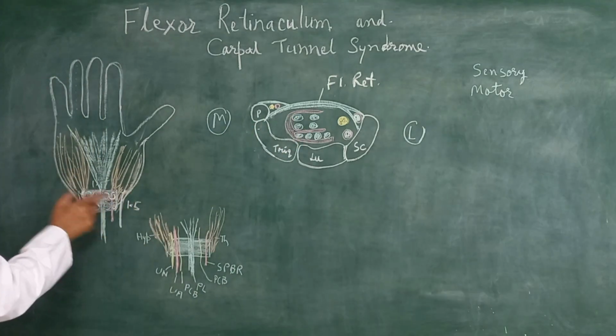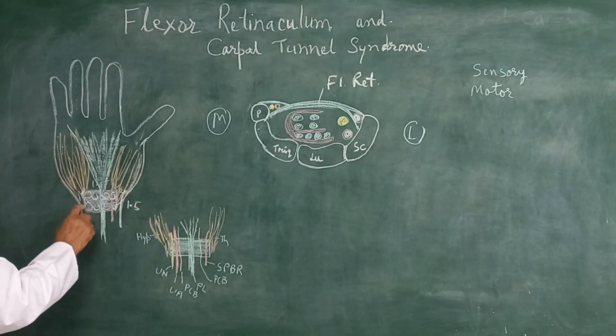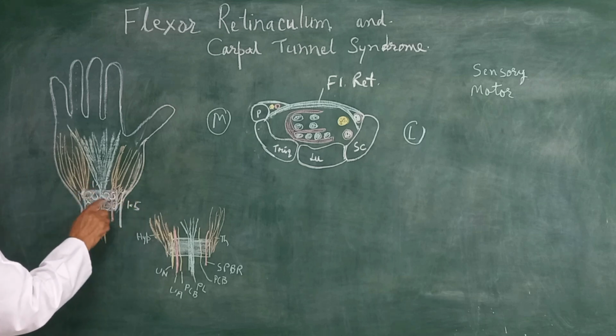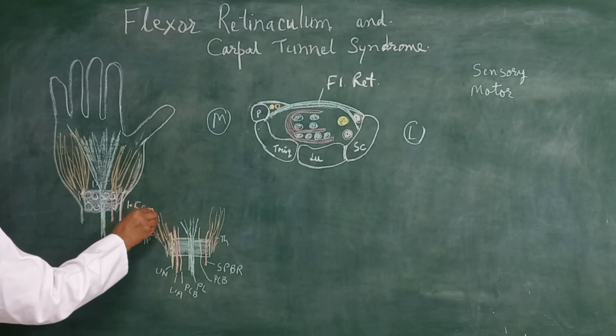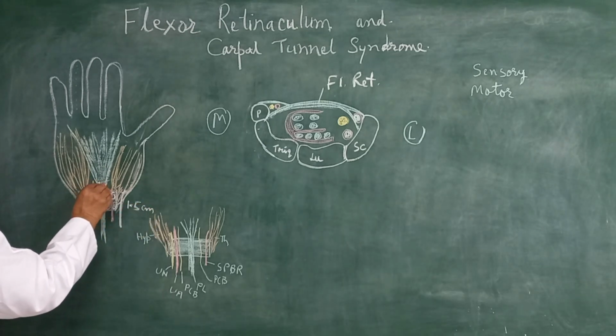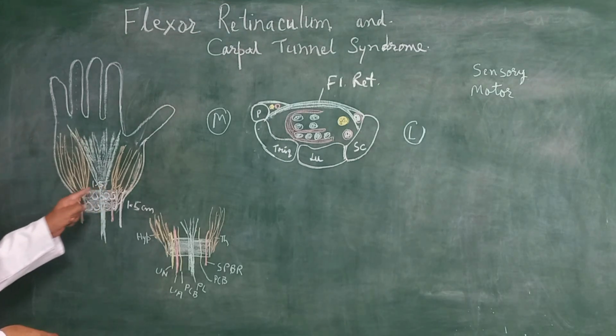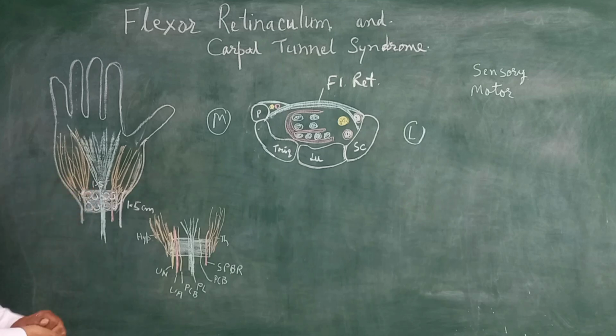Thus this retinaculum is small in size, hardly 1.5 centimeters in the proximo-distal direction and 1.5 centimeters side to side, so it is almost square in shape.